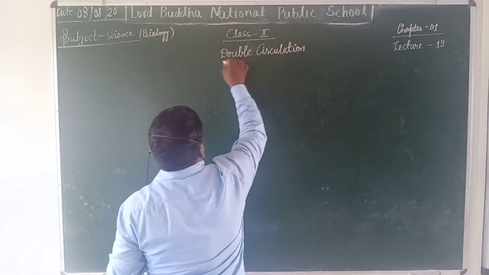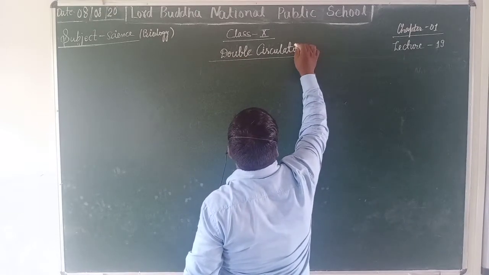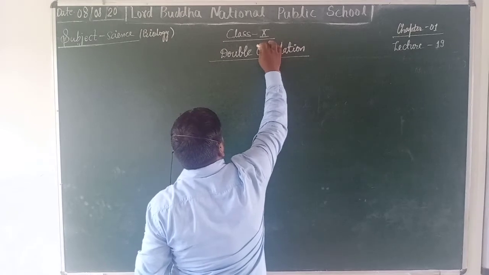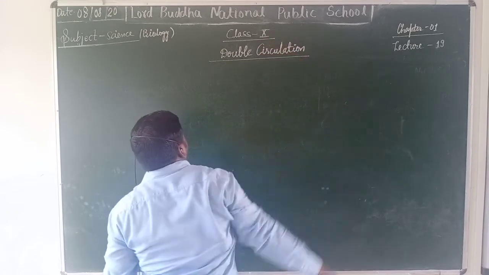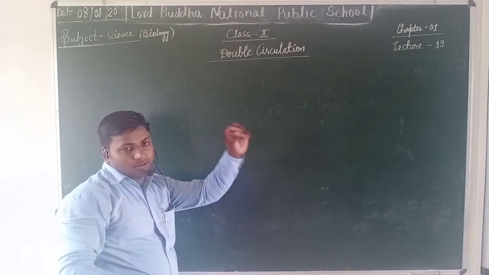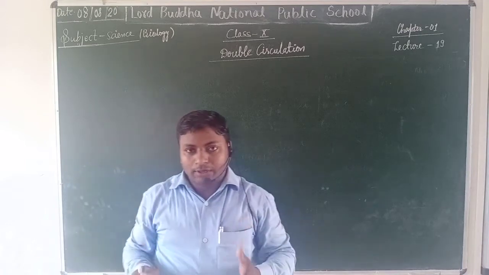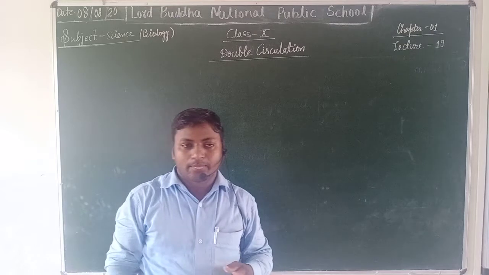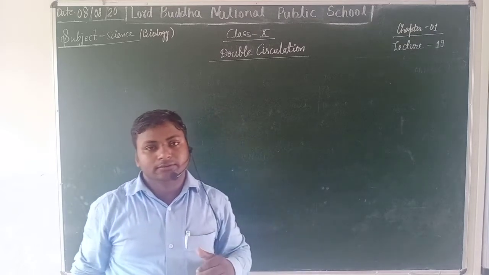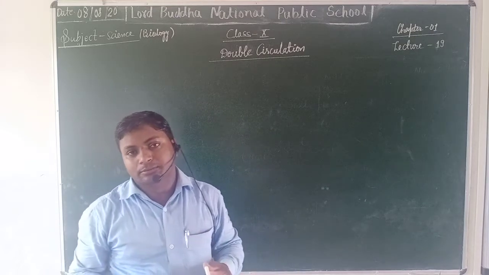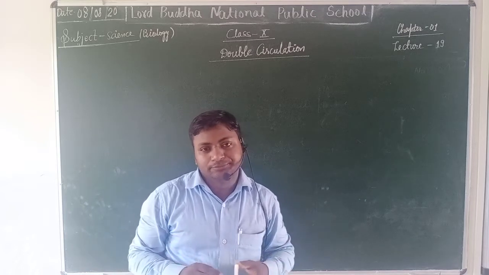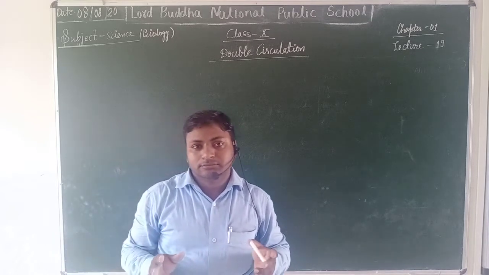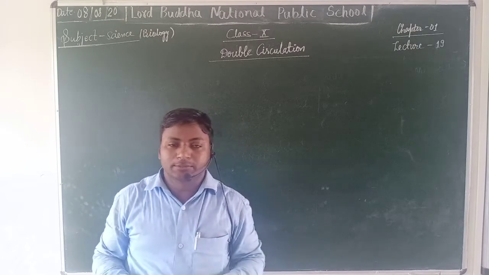What is the meaning of double circulation? At the end of the previous lecture, I reminded you that the blood inside our body is grouped into two types on the basis of the presence of oxygen and carbon dioxide in the blood plasma.